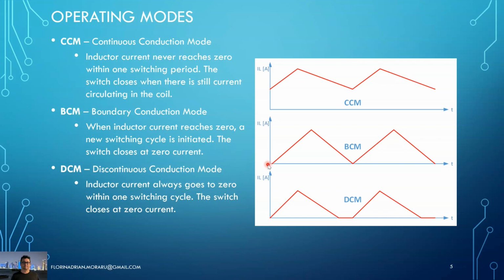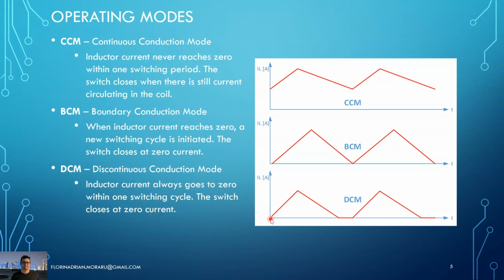That means during one switching period, the current starts from zero, then rises up to a certain level, then goes down to zero, and at the time instant when the inductor current reaches zero, at the same time instant, a new switching cycle is initiated. So this is, as I said, a particular case. It is actually the transition between continuous conduction mode and discontinuous conduction mode.